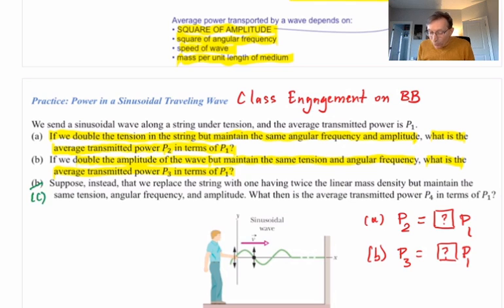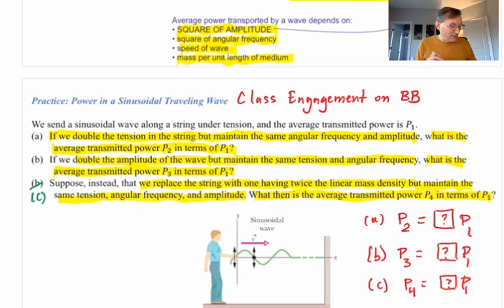Suppose that we replace the string with one having twice the linear mass density compared to the original string, but we maintain the same tension, angular frequency, and amplitude as in the original case. What then is the average transmitted power P4 in terms of P1? So in C, you have to figure out the average power, P4, as some number times P1. And what's that number? You can enter those answers for class engagement on Blackboard.